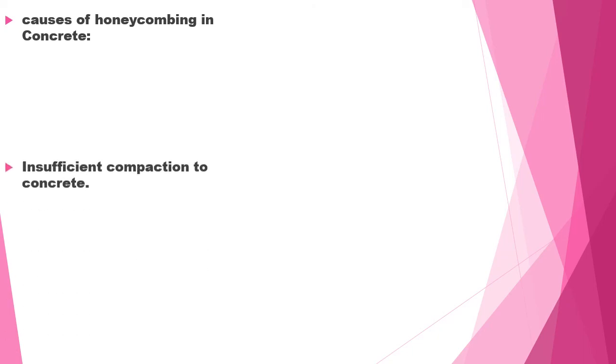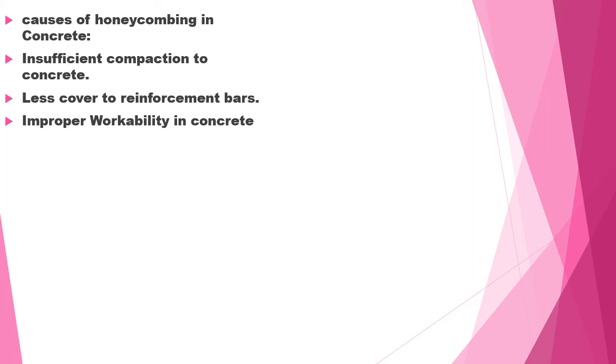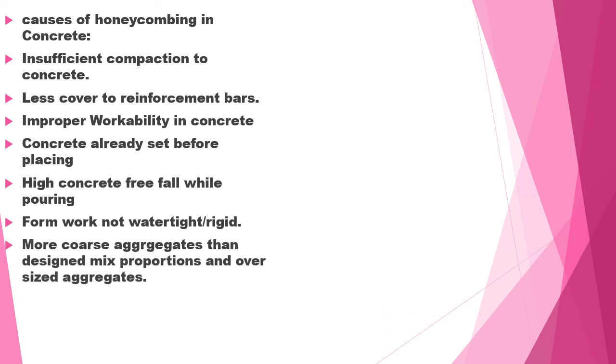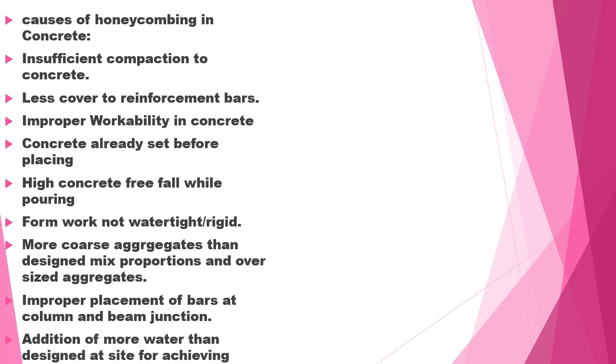Causes of honeycombing in concrete: insufficient compaction of concrete, less cover to the reinforcement bars, improper workability, concrete already set before placing, high free fall of concrete while pouring, formwork not watertight or rigid, more coarse aggregates than the design mix proportion and oversize aggregates, improper placement of bars at the column and beam junction, addition of more water than the design at the site.